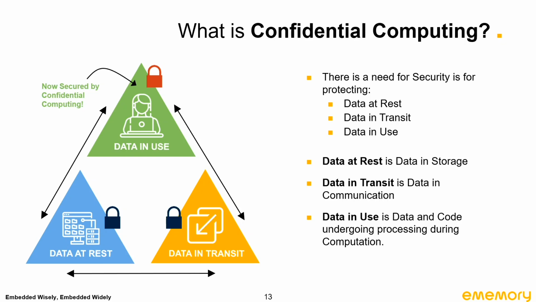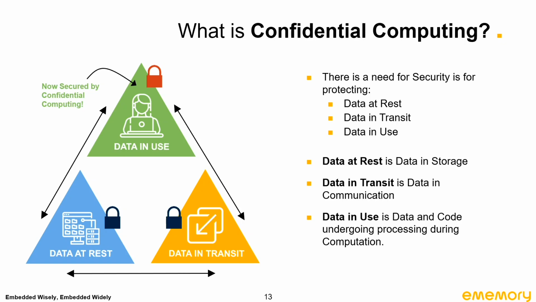In confidential computing, a trusted execution environment is deployed to provide an isolated environment separated from the main operating system, where data can be processed without exposure to the rest of the system.